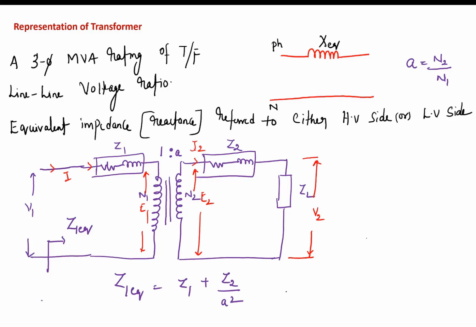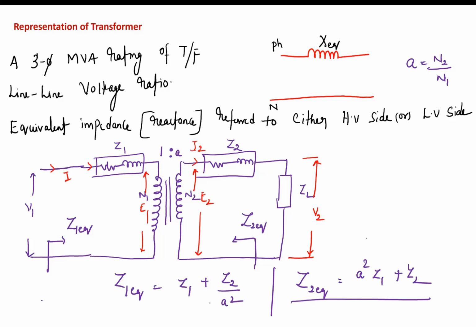This is the Z1 equivalent. Similarly, if you calculate the equivalent impedance referred to secondary side, Z2 equivalent will become a squared into Z1 plus Z2.